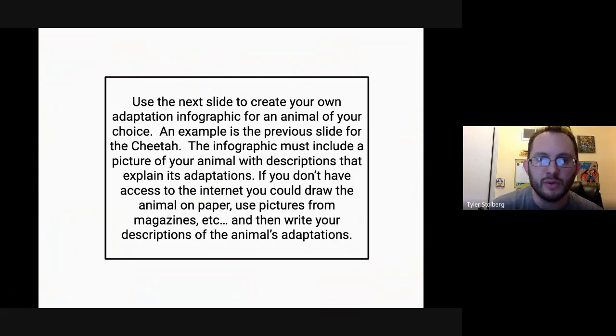So choose an animal. You can do this right here on the computer, or you can do it on paper and then take a picture of it and post it. You're going to use this blank page here, put an animal in the middle, and then put pictures around it showing the animal's adaptations and text boxes to talk about those adaptations. So that's the big task for this activity.